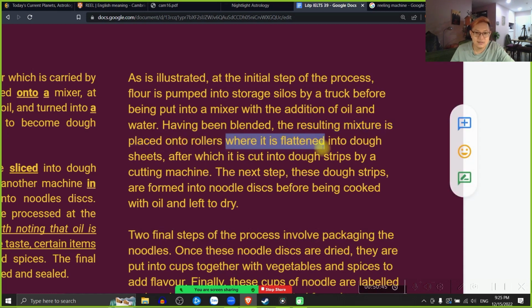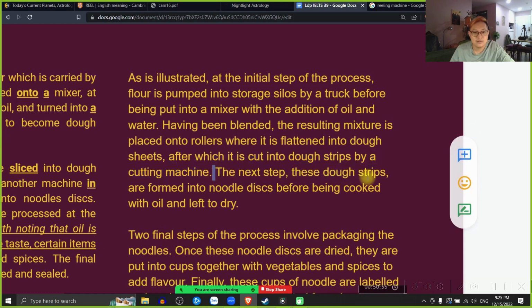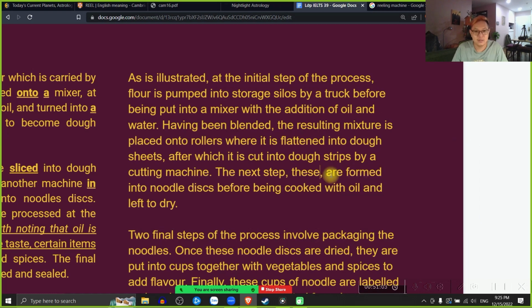When it is flattened into dough sheets, after which it is cut into dough strips by a cutting machine. Very good. The next steps, you do not need to repeat this word. These are formed into noodle disc. Okay. Into noodle disc.